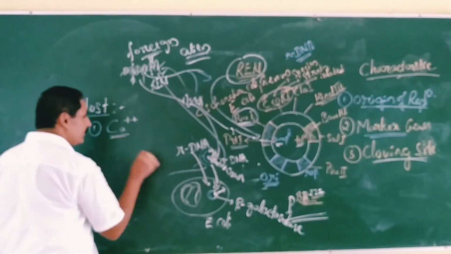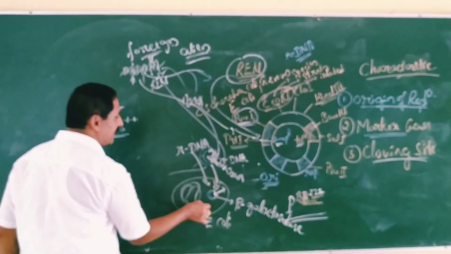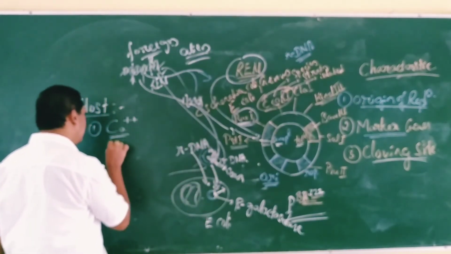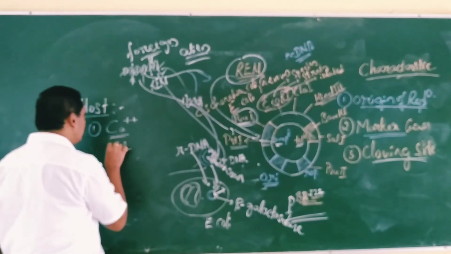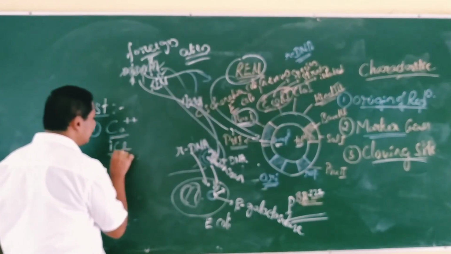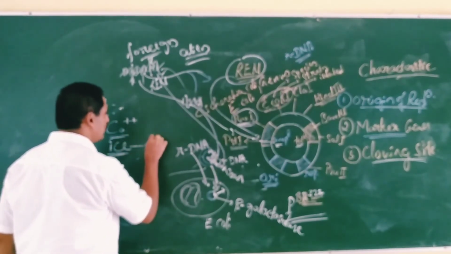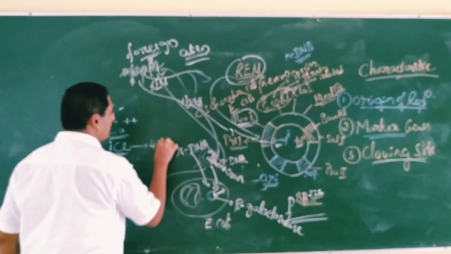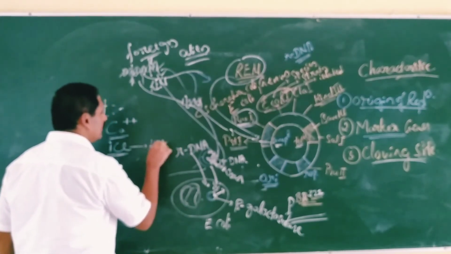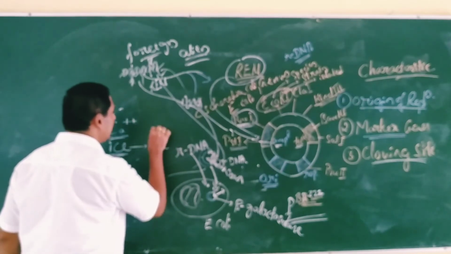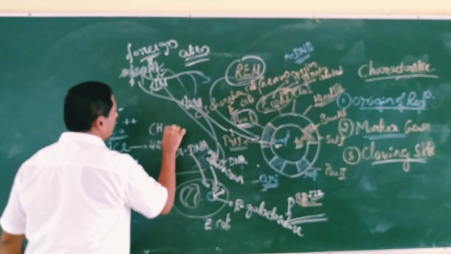So if you incubate the bacterial host cell and rDNA in ice and immediately expose it to a heat of about 42 degrees Celsius, and again put it back into ice, this is called heat shock treatment.